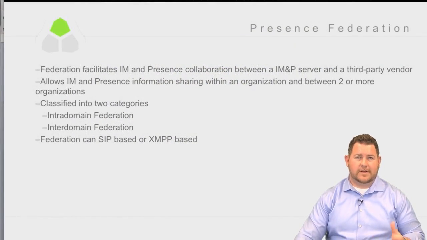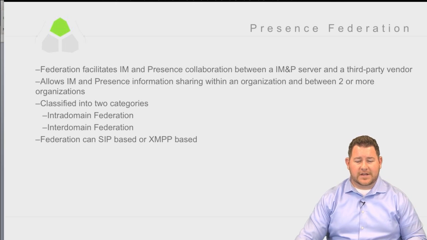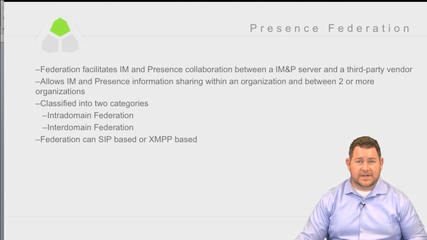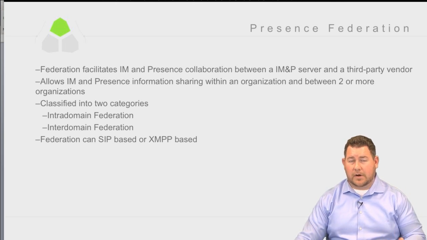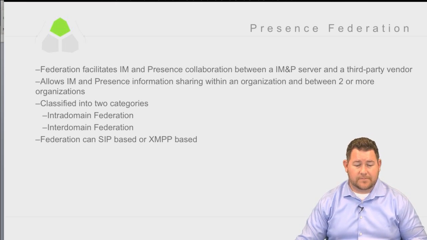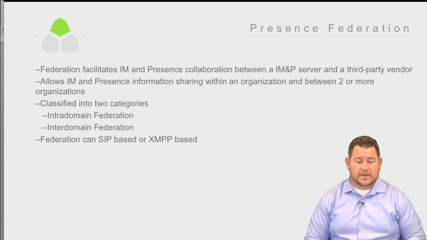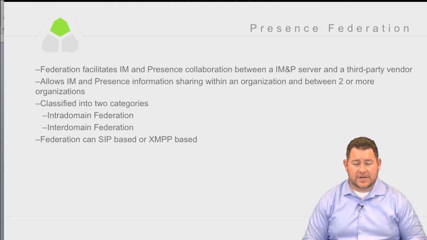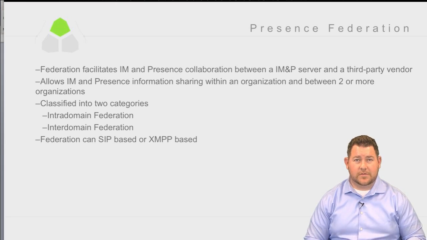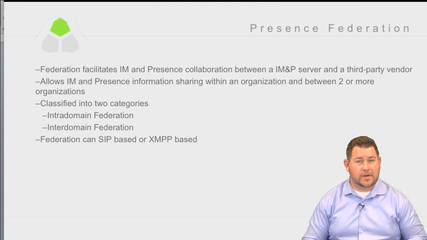So obviously we're talking about IMM Presence collaboration or IMM Presence information that we're going to be exchanging between an IMM Presence server and a third-party server or another IMM Presence server. We're going to be sharing this IMM Presence information within an organization or between two or more organizations. So in this case, in our system here, maybe these are the same organizations or maybe they're different.